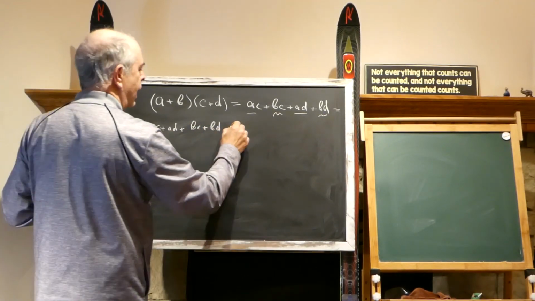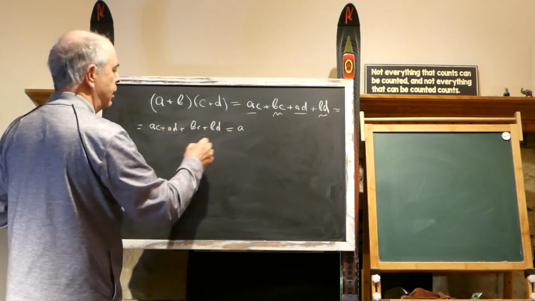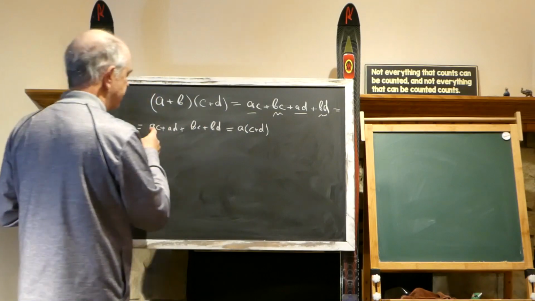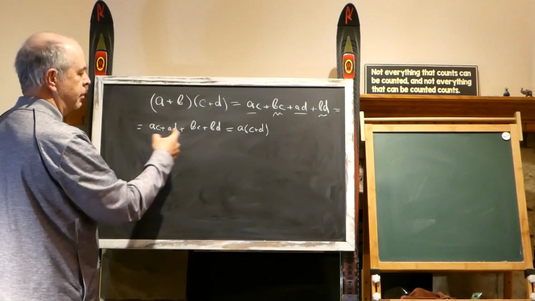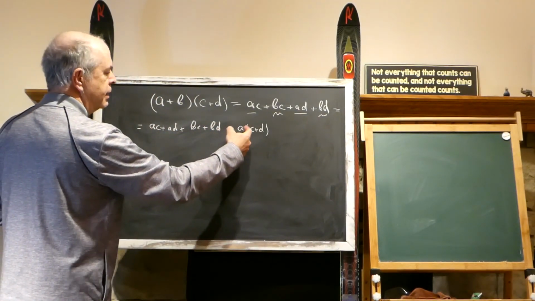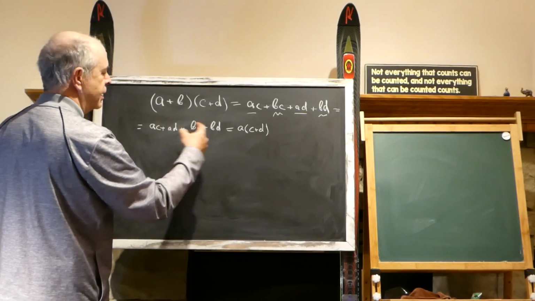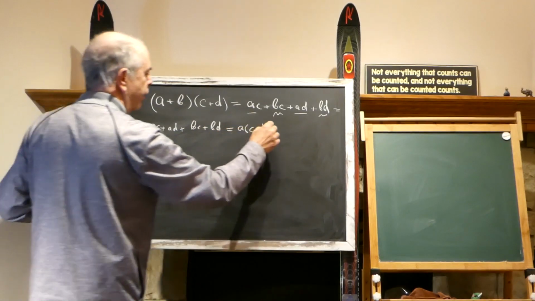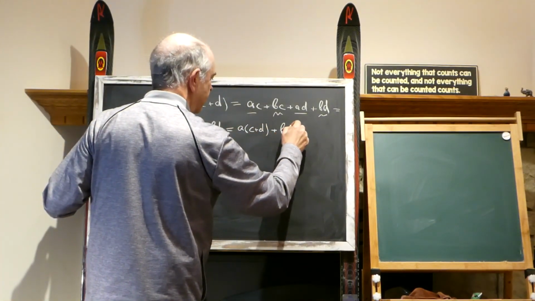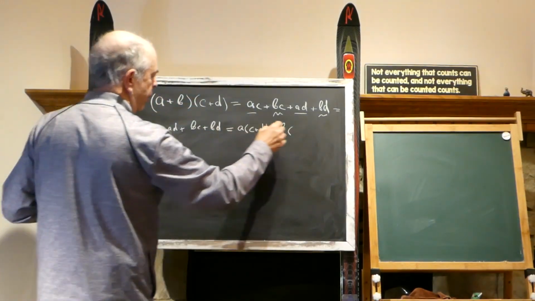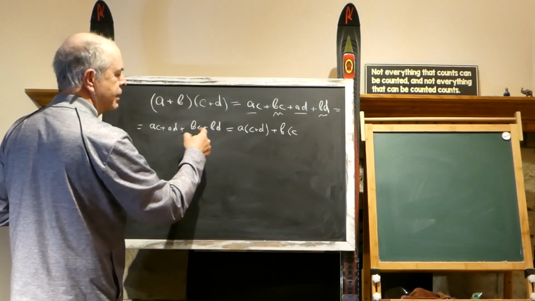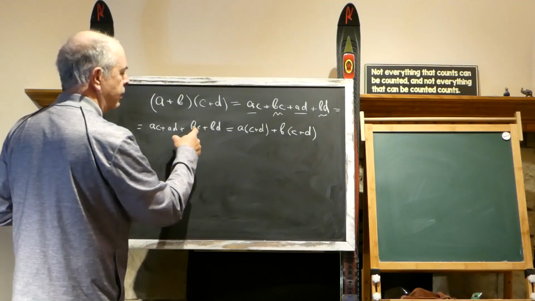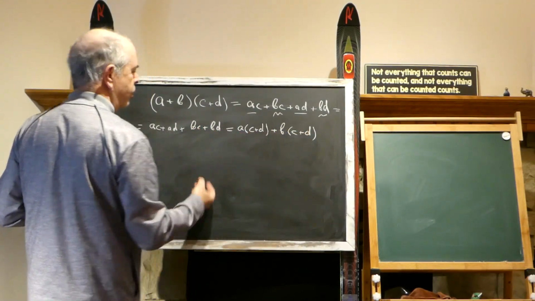Then we're factoring A from here, and we have C plus D. Because if we multiply this by this, we will have AC, and we will have AD. From here, we're factoring out B, so if we multiply it by C, we get this, and if we have C plus D, B multiplied by D, we get this.